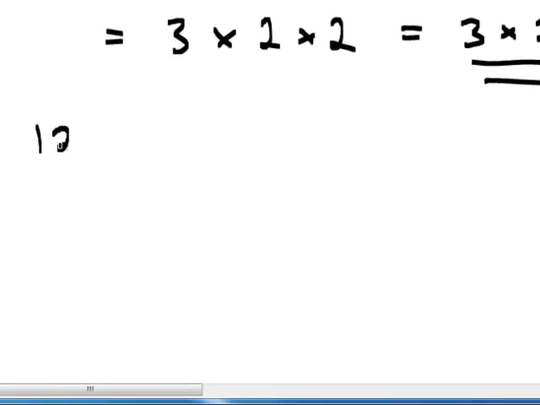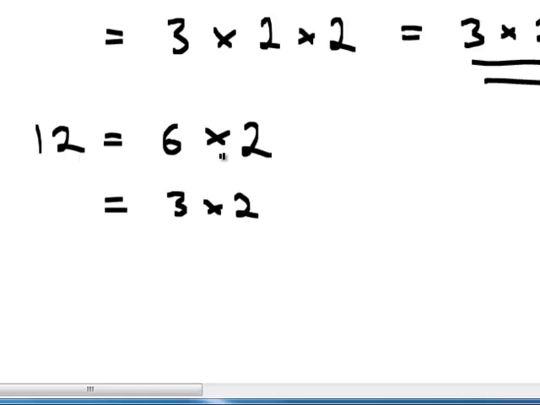We write 12 equals 6 times 2. 2 is a prime number, so we keep 2. But 6 is not a prime number, so we write 6 as 3 times 2 and then times 2, because we keep this one.